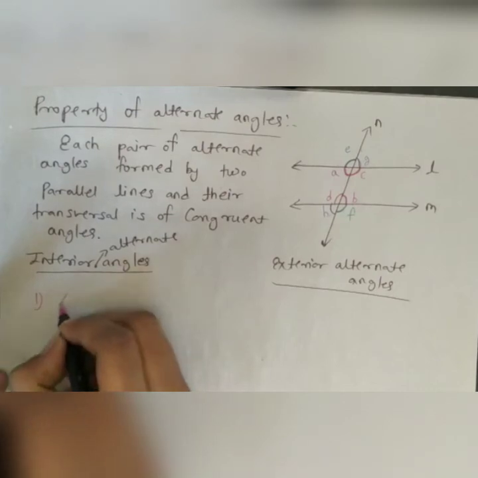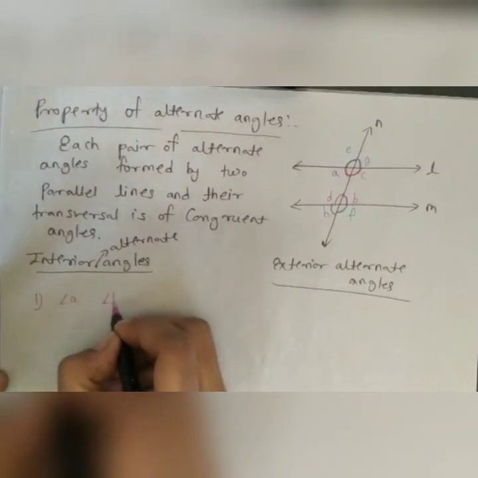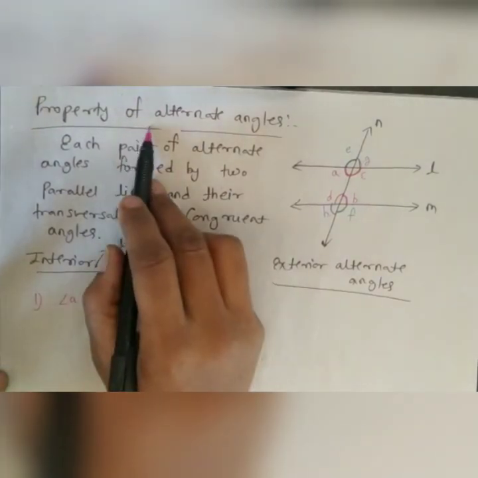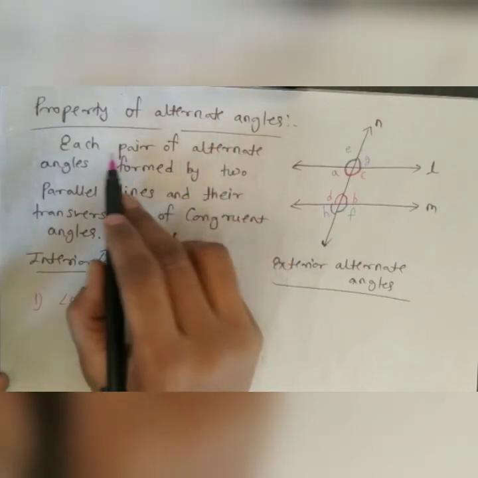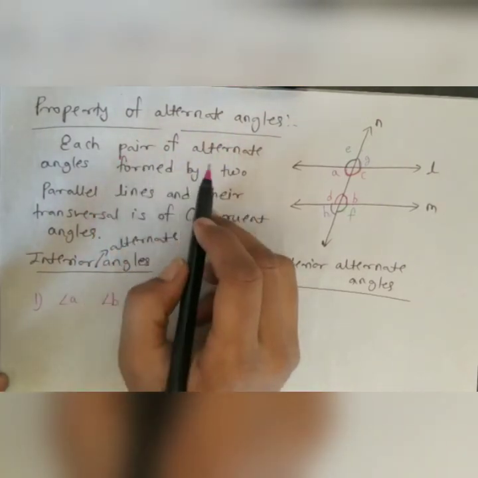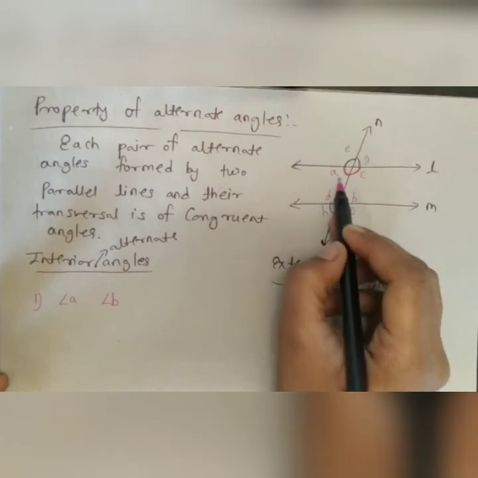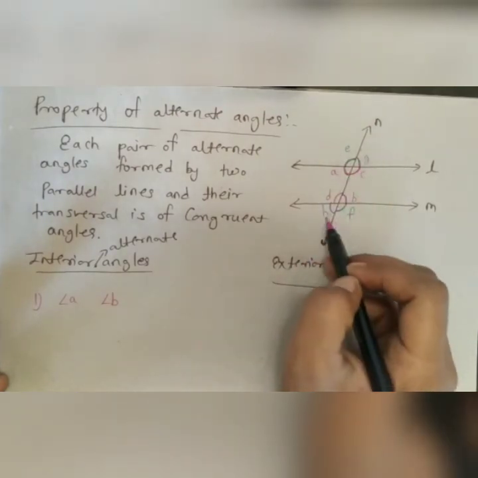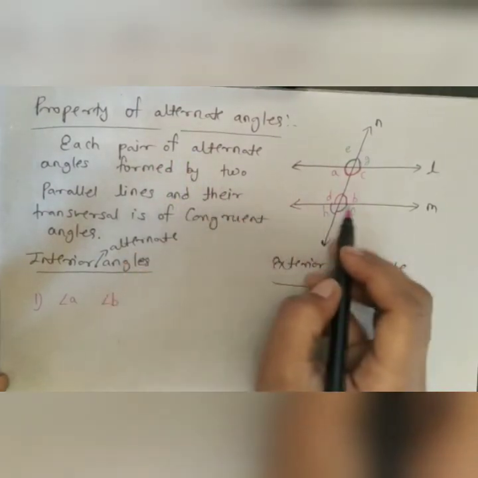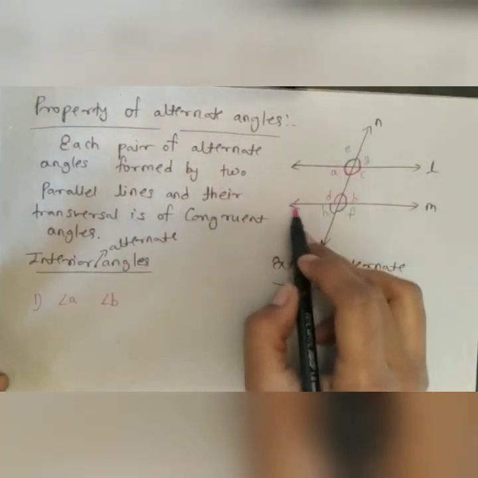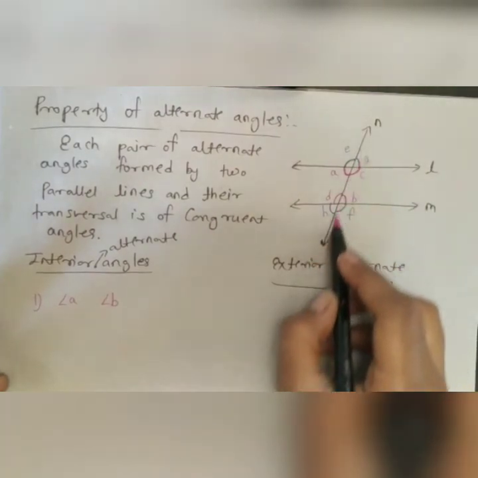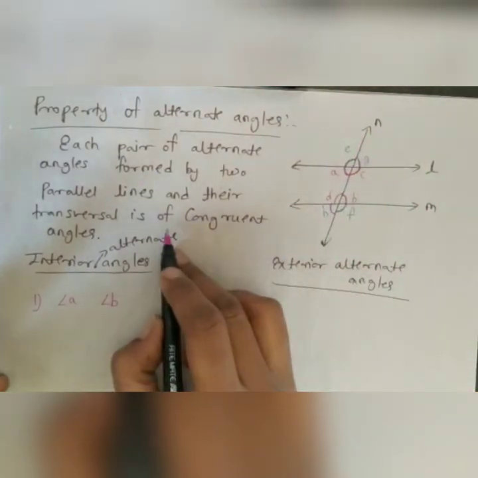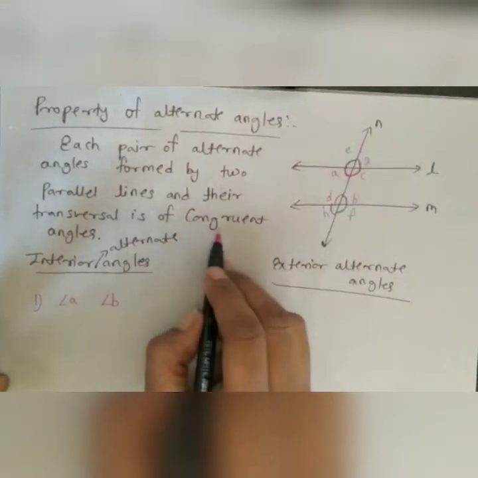First one, angle A and angle B. The property of alternate angles says that each pair of alternate angles, means A with B, C with D, E with F, G with H, formed by two parallel lines and their transversal line is of congruent angles.